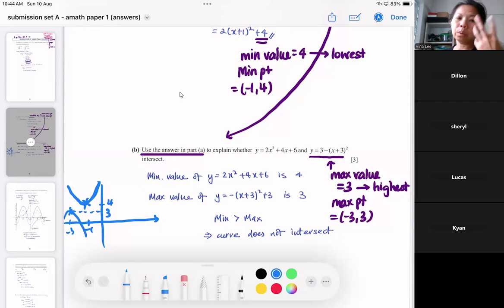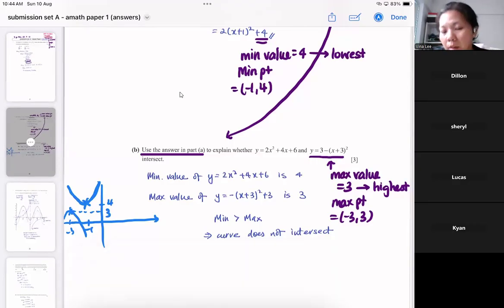If you draw it out, you can clearly see that they don't intersect. So you can do a sketch like this, or you can just explain. However, if you do simultaneous equations, I will not be giving you marks because you never use the answer. Simultaneous equations don't need you to complete the square. So that's why you won't be awarded the marks.